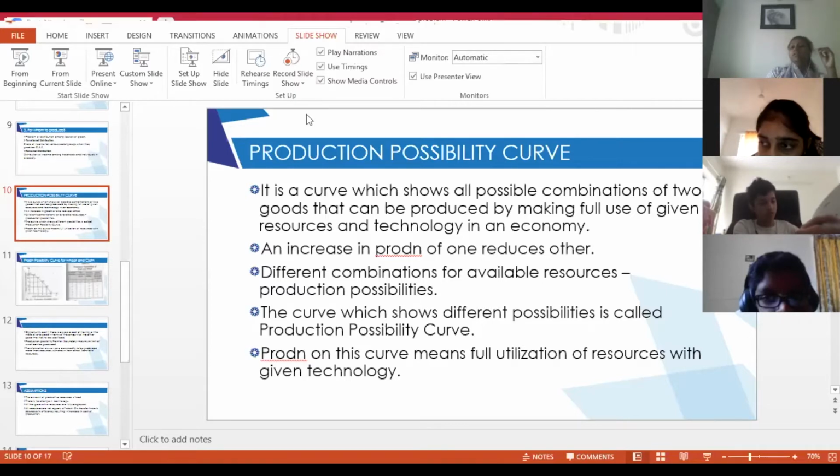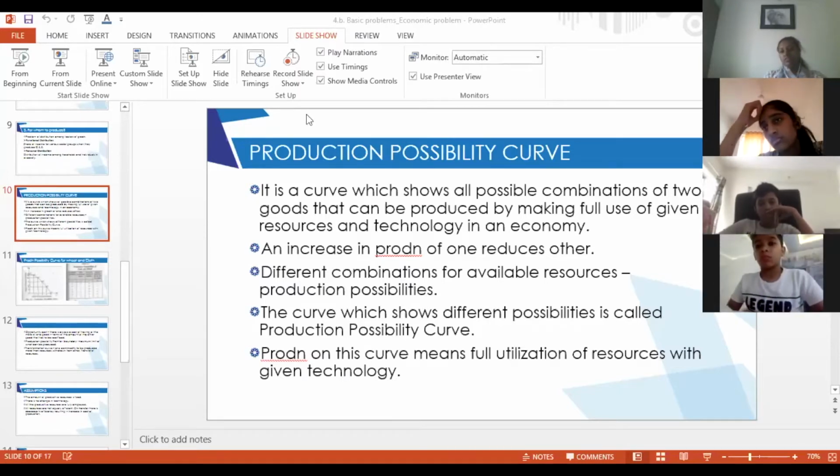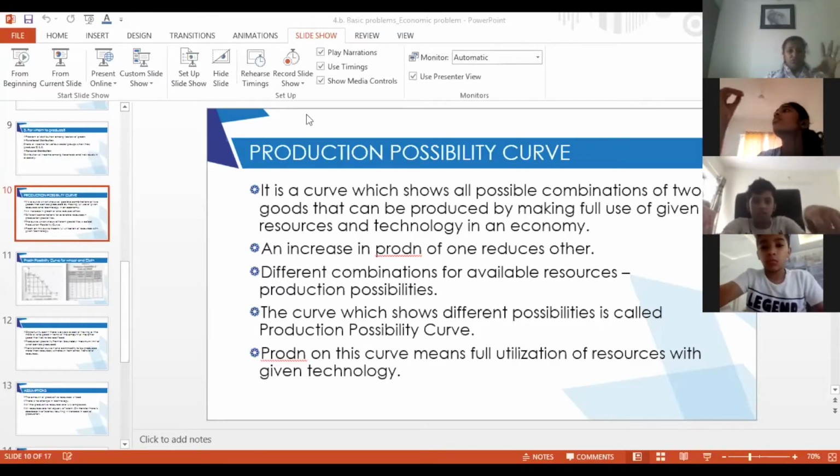First thing is, when you increase the production of one commodity, because you're using all the resources that are available to you, the production of another commodity, which you are combining with it, will automatically reduce, right? Just now I gave you an example. When you were using the entire resources at your disposal with efficient labor, skill and capital, you could produce 10 guns.